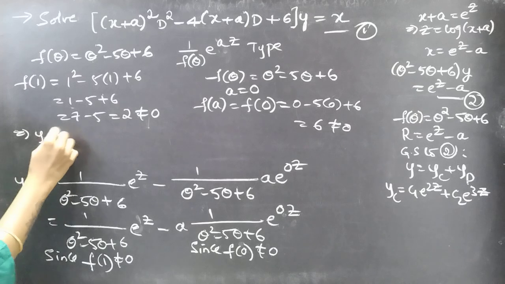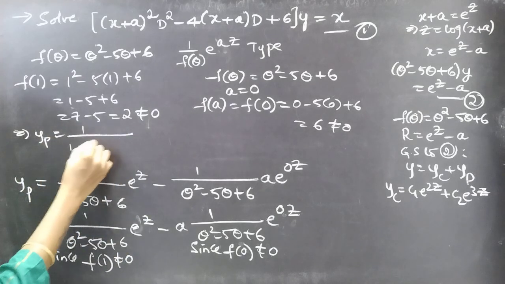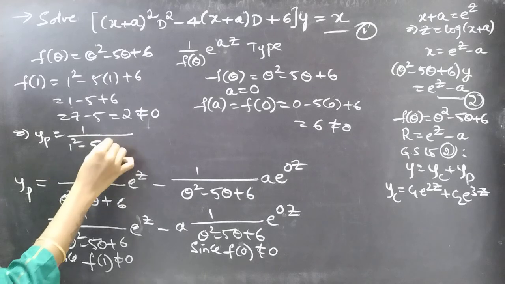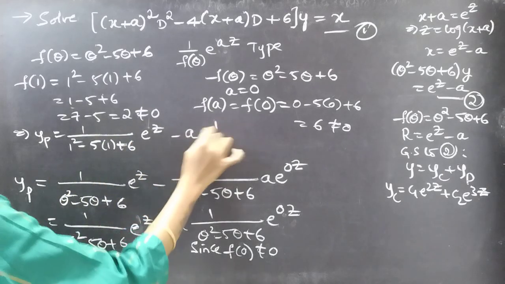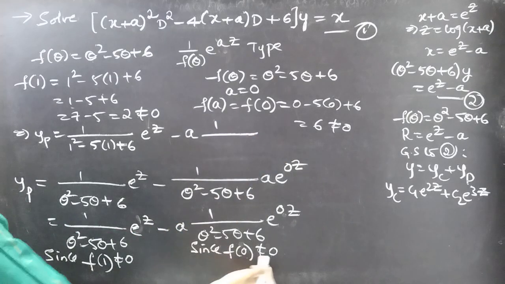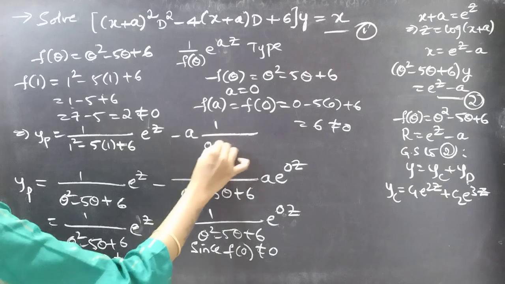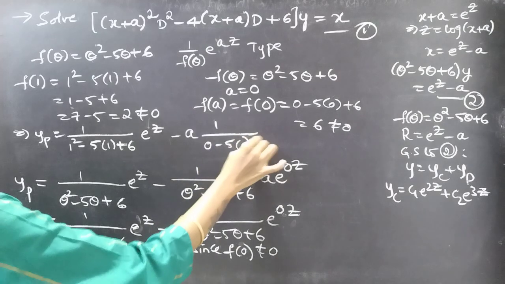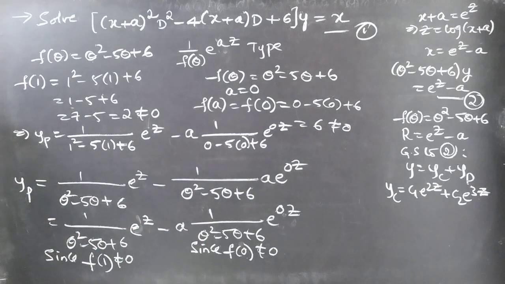Then yp becomes 1 by, replace theta by 1, you'll get 1 squared minus 5 into 1 plus 6, into e power z, minus a into 1 by, since f of 0 is non-zero, just replace theta by 0, you'll get 0 squared minus 5 into 0 plus 6, into e power 0z.